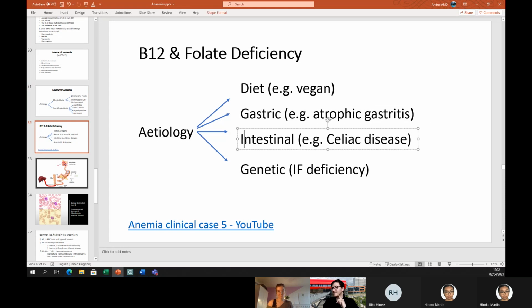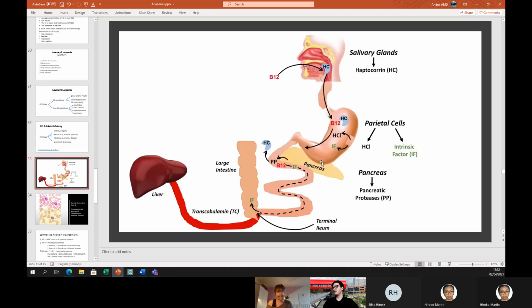The causes could be gastric or intestinal. If you see in this picture, B12 is commonly ingested as part of red meat or any kind of meat. Here it's bound to intrinsic factor, and bound to intrinsic factor it travels distally to the ileum, where it's absorbed.